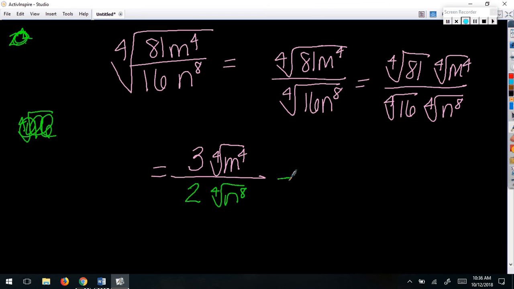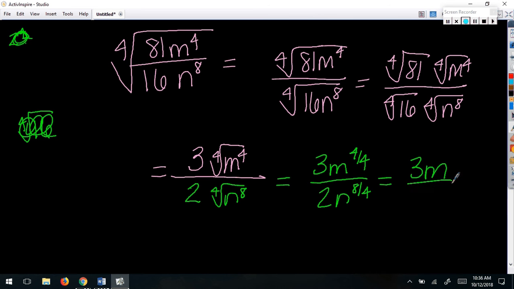Okay, so now what I can do is I can change these to exponents and simplify from there. So I have 3m over 2n to the 2nd, since 8 divided by 4 is 2.